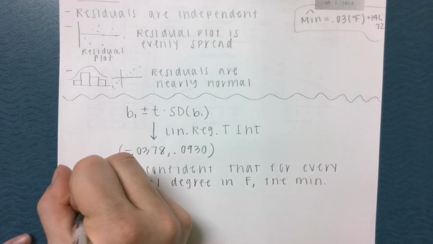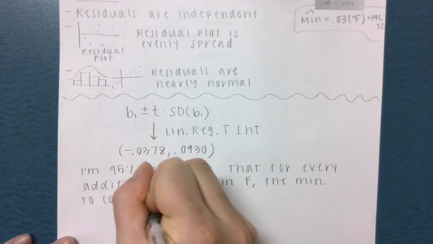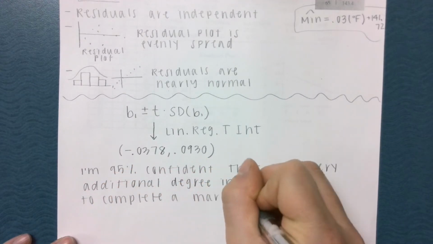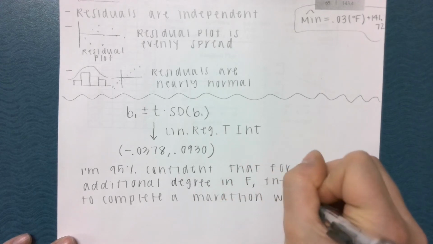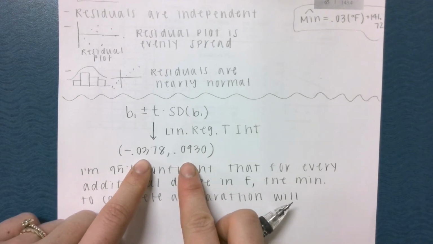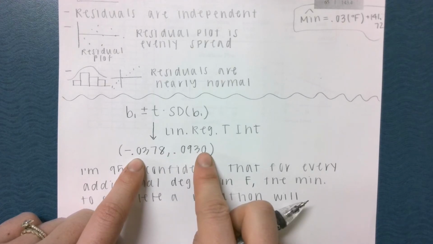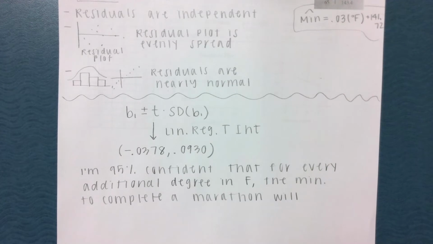So I'm going to say the minutes to complete a marathon will, here's what we'll say, either increase or decrease. I have both a negative and a positive, so I'm expecting it to decrease and increase.